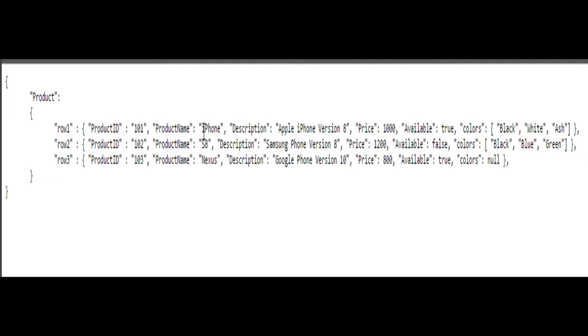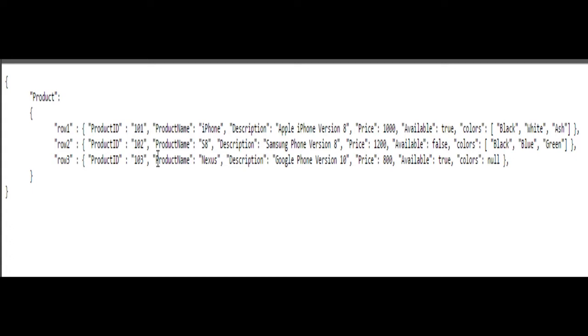And by looking at the names, the product is something to do with a phone. It is trying to describe a phone, giving a price, availability and different colors of the phone. But the point here is it's very much readable. It's not like XML, where if this data were represented in XML, it would be a very big file.